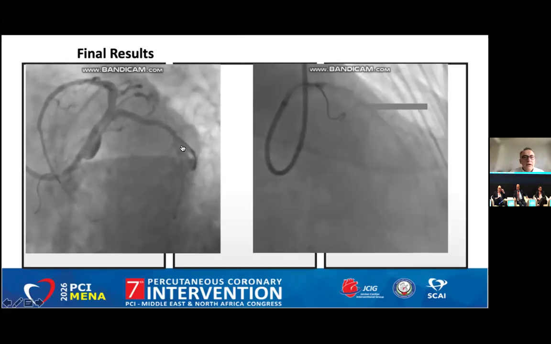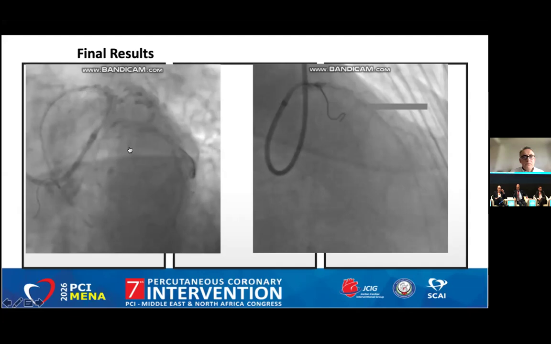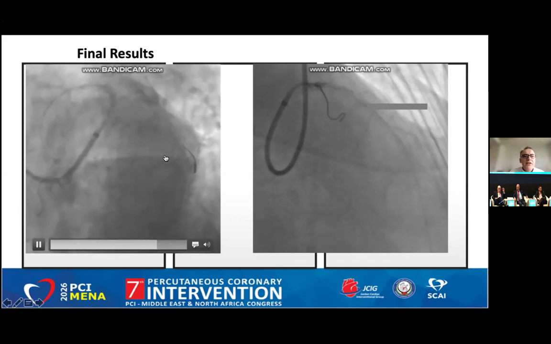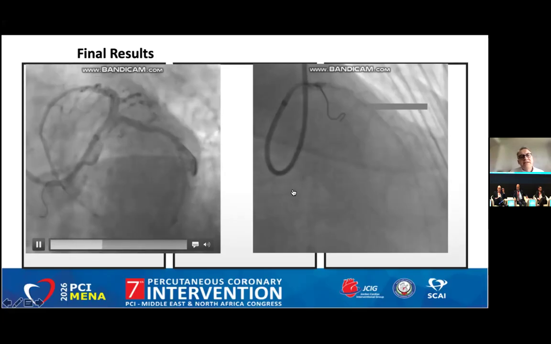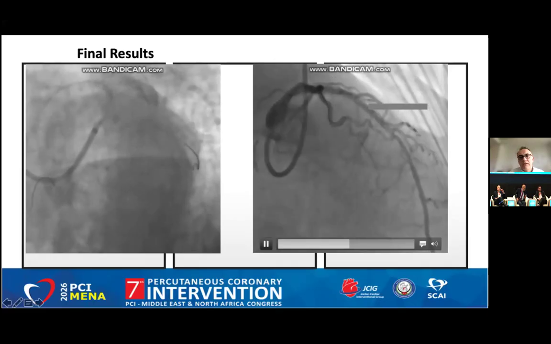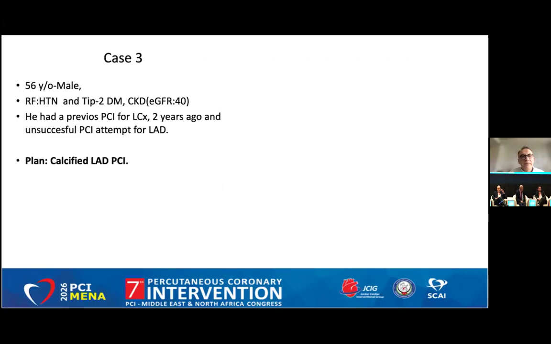And after this, the final result is nice. Actually, it's like a stent-like result, right? So I think it's encouraging for us to leave it with only DCB because we don't have that much dissection. This is the LAD system.